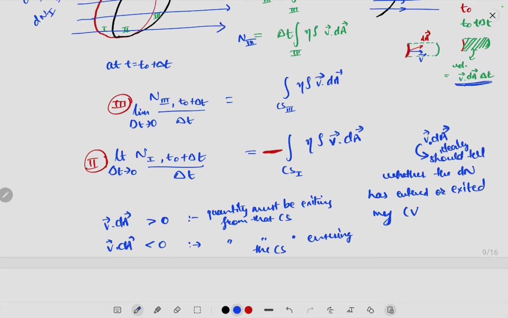Okay, or let's say if you don't want to put this negative sign, then what is the other alternative that we have? The other alternative would have been this.